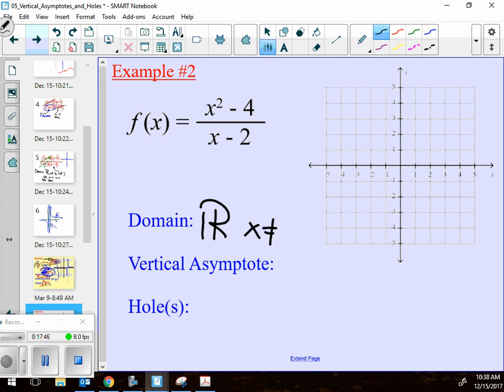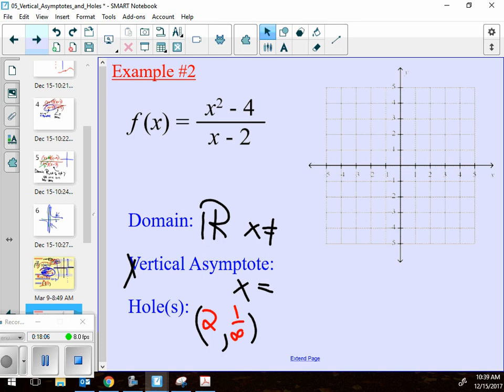You should know x equals something is your vertical asymptote. The things that crash your function are either holes or asymptotes. And I'll give you the hint, there is a hole in this one. You've got to figure out where that hole is. I'm going to pause while you give this one a try.